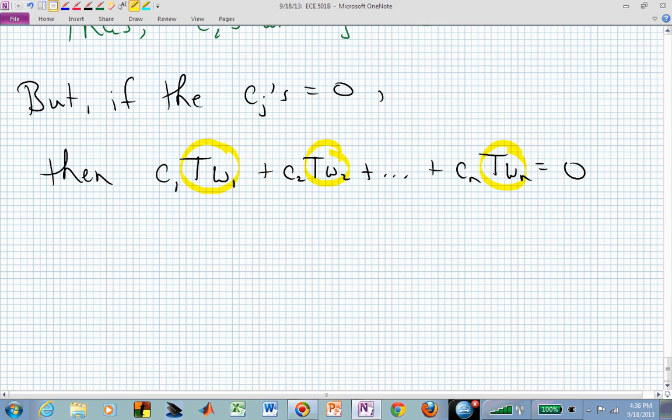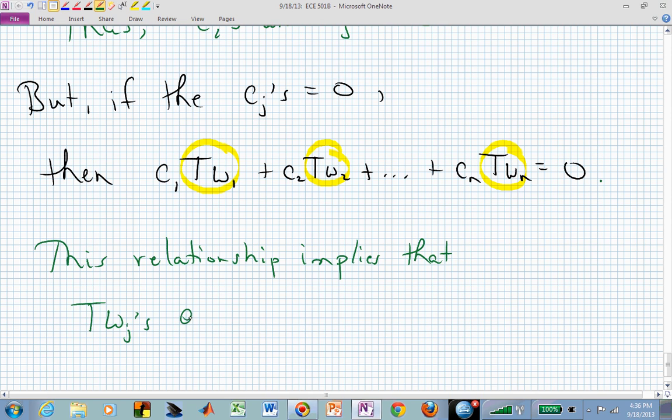They're linearly independent, aren't they? So now we know that those vectors T W sub j's are linearly independent.